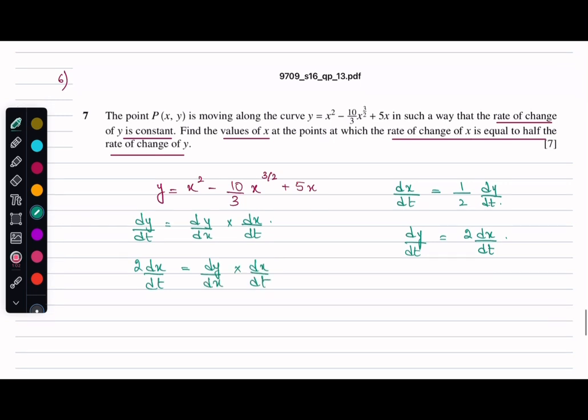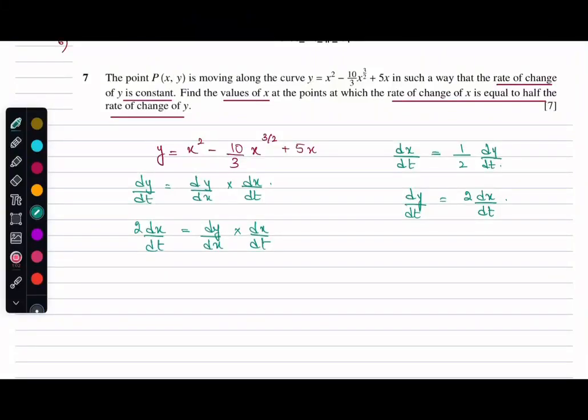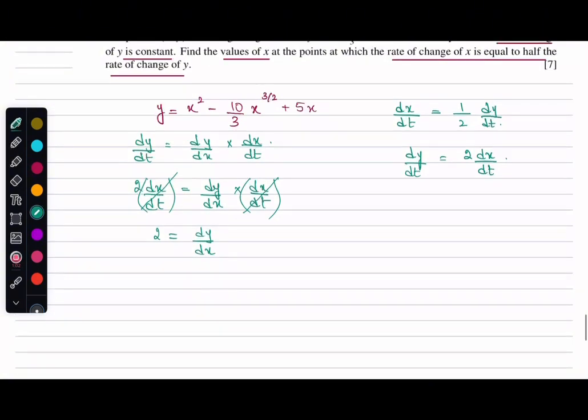So one thing that I can see here is that on both the sides I am having dx by dt, which can get simplified, so that I will be left here with 2, which is equal to dy by dx. And for dy by dx, my equation given to us here was y equals x square minus 10 by 3 x to the power 3 by 2 plus 5x.